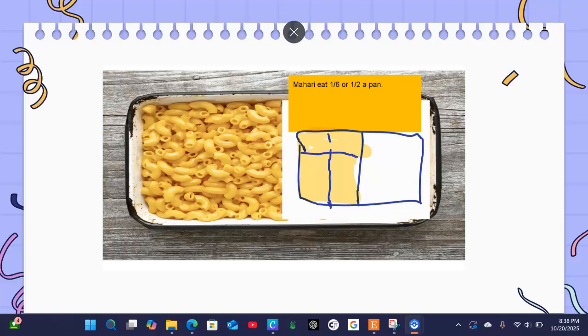And I'll partition it this way and this way. And Mahari will get 1/6 of that. Okay. And our fraction would be 1/6 of 1/2.